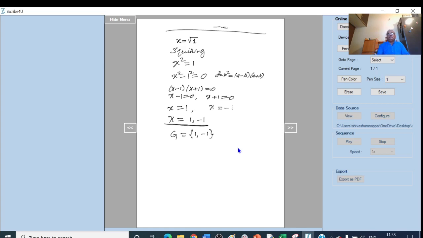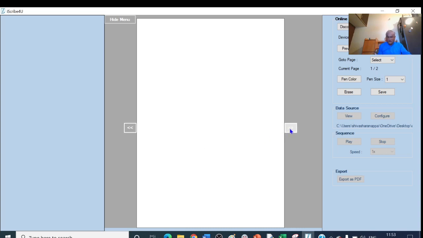So this is a finite set. If G is a finite set, to verify that this is a group, first we draw the table, which is known as the composition table. How to draw the composition table? Here I will draw the composition table.